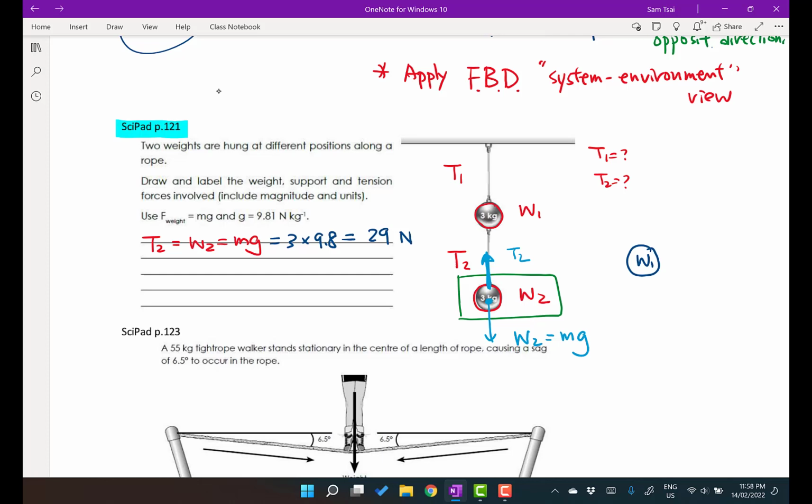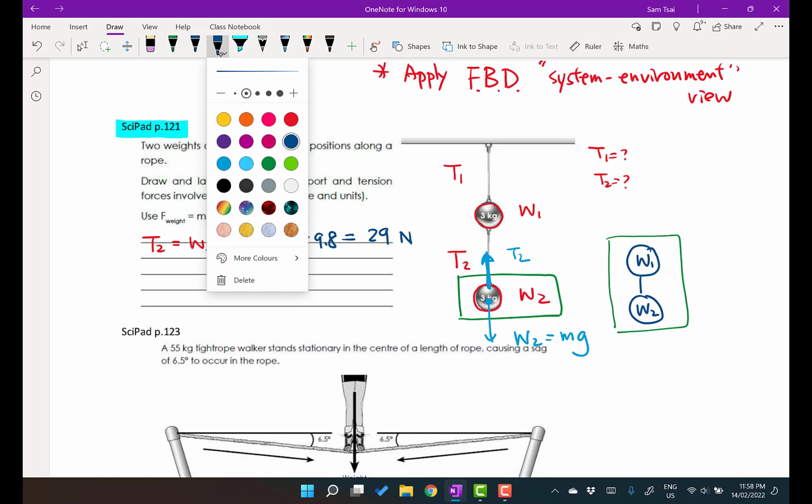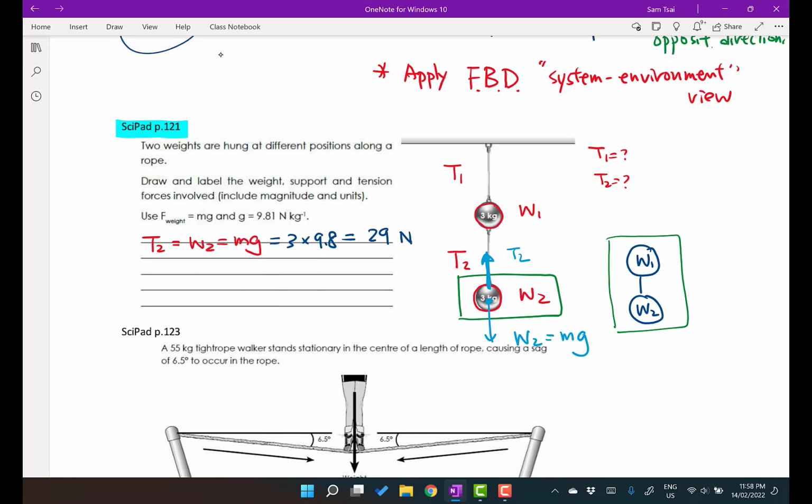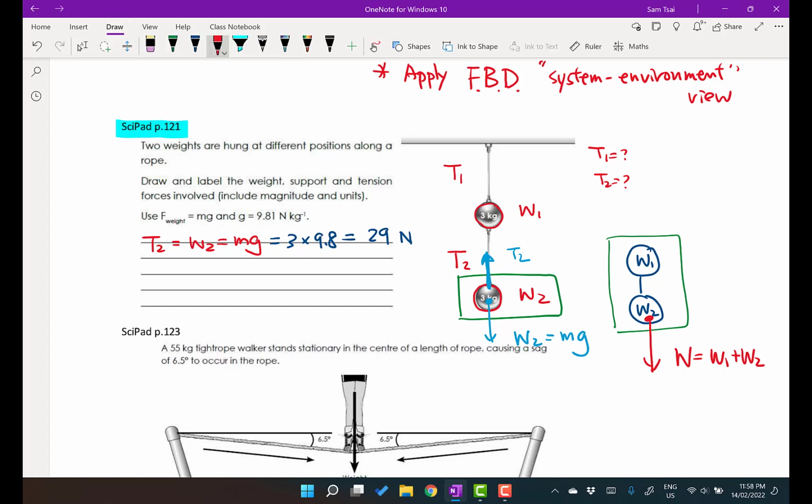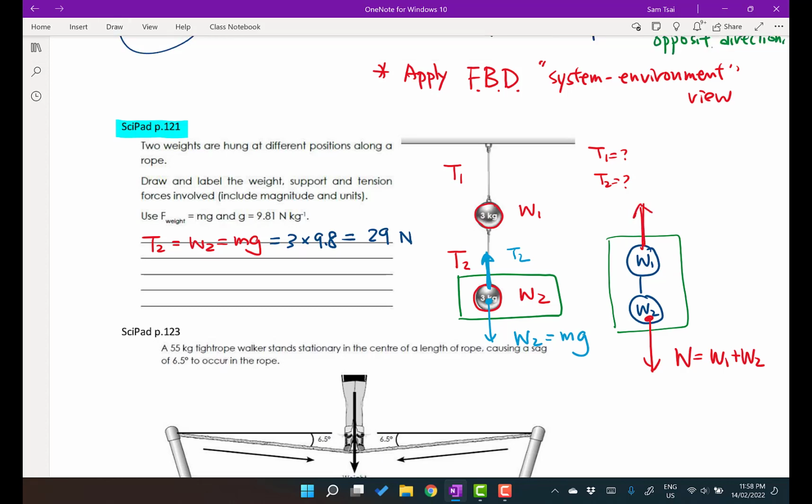Okay, and now what is the tension for T1? If we see W1 and W2 as a system, the forces acting on the system will be gravity, which is now W1 plus W2, and the tension T1. The previous T2 becomes an internal force, which doesn't have any influence on the system. It's inside of the system, so we don't need to worry about it too much. So our system becomes T1 and the total weight.